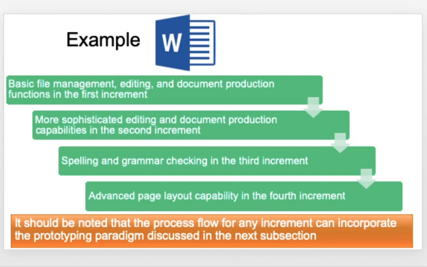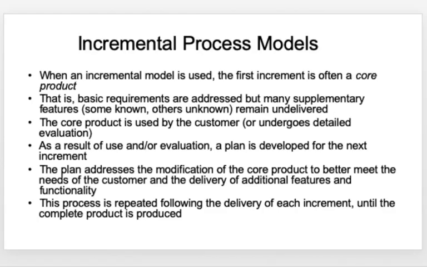Spelling and grammar check in the third increment. Advanced page layout in the fourth increment, and so on. So you deliver the first increment, give it to the customer, let him use it. You get the feedback. In the meantime, you start working on the second, third, fourth increment, and so on. So that is what the incremental process model basically does.